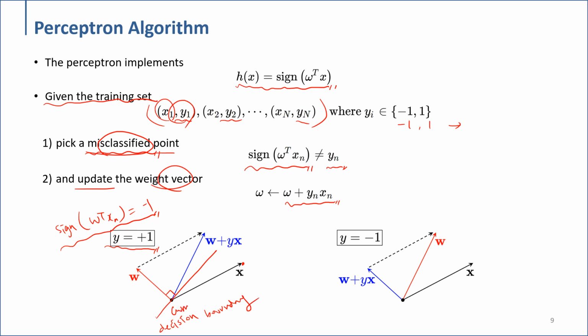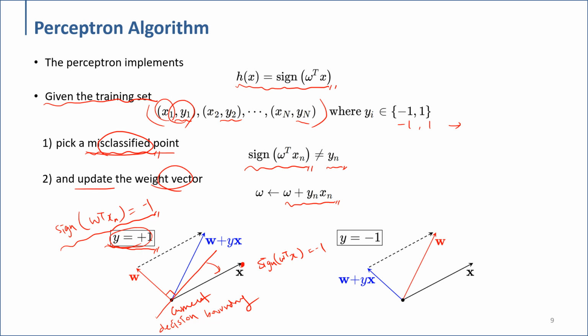Here we know that our prediction for the x value is that sign of omega transpose x is -1. But actually we know that the true value is +1.